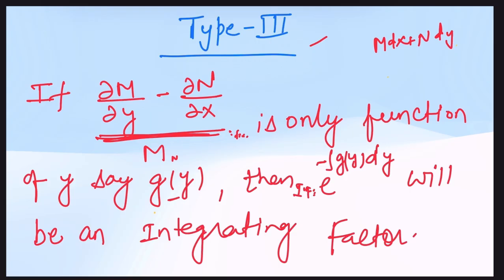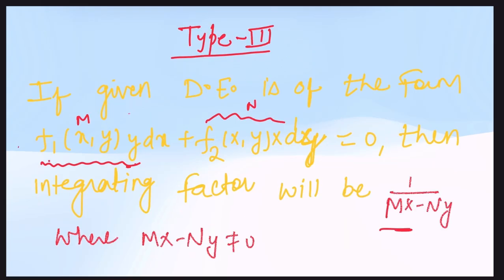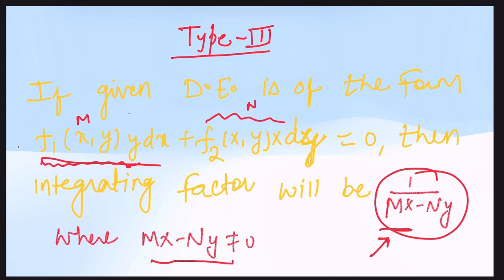In the next type, the format of the given differential equation is f1(xy) y dx plus f2(xy) x dy equal to 0. The integrating factor will be 1 upon Mx minus Ny, provided Mx minus Ny does not equal 0.